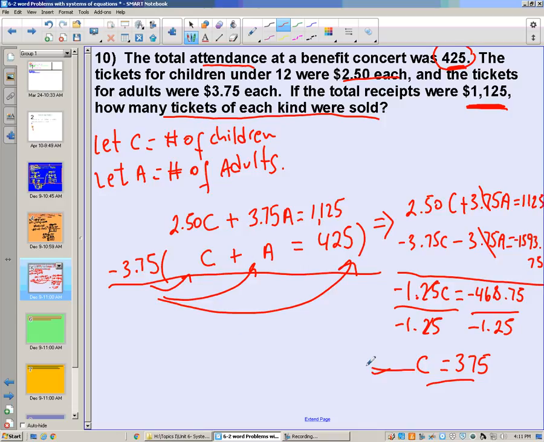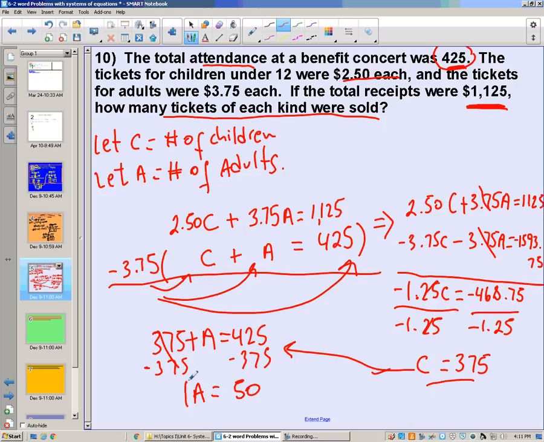So 375 plus a is 425. Subtract 375 from both sides, and I'm left with 50. So that's how many adults attended, and 375 is how many children attended.